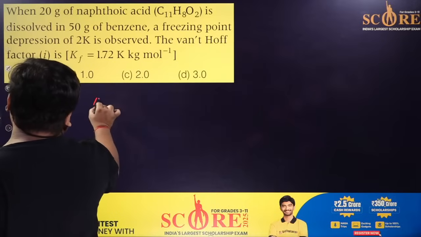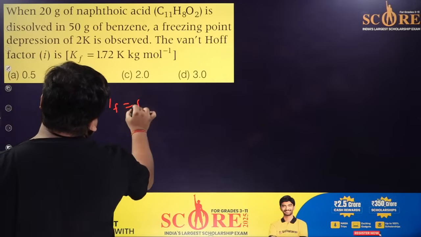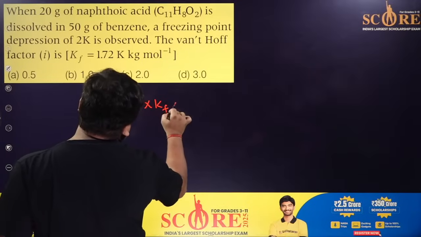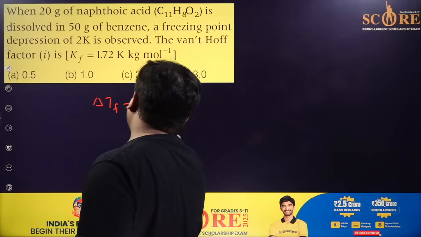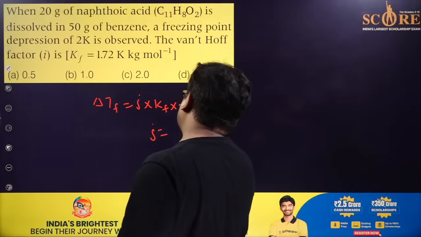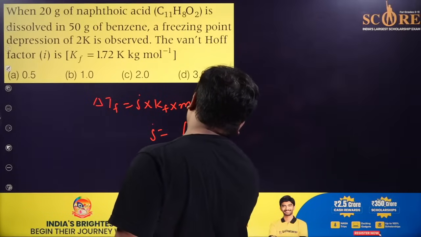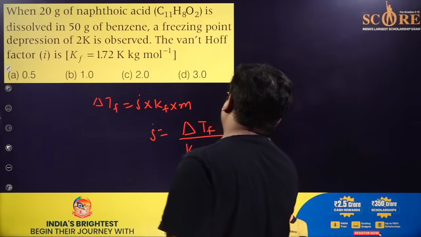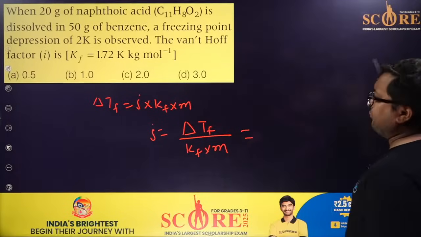So one thing is clear: delta Tf is equal to i into Kf into m, where m is the molality.